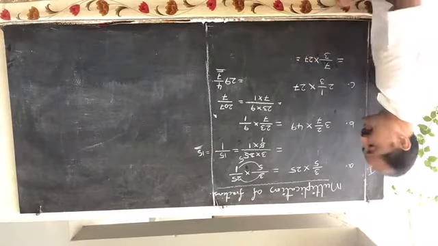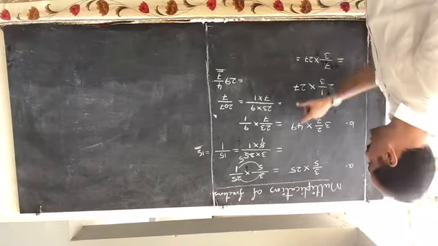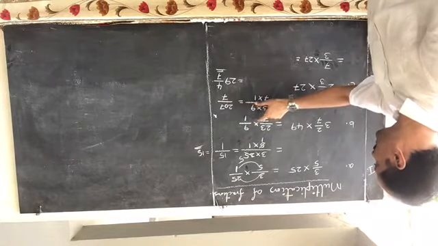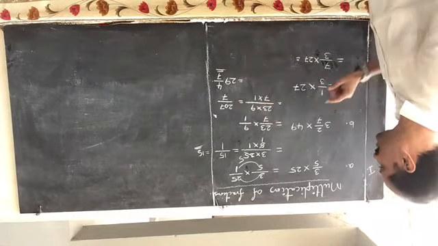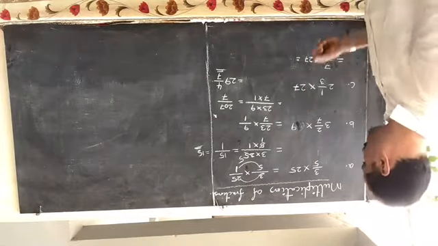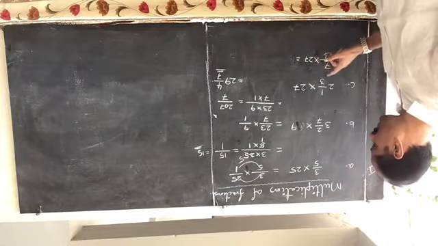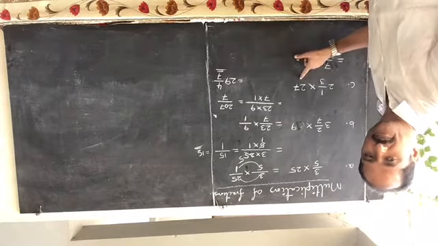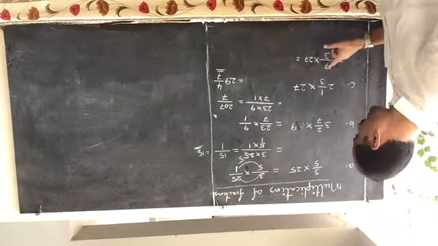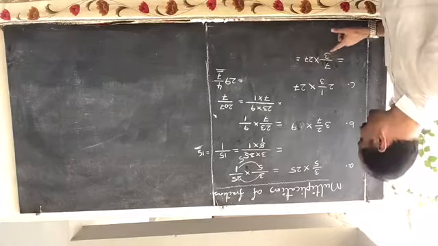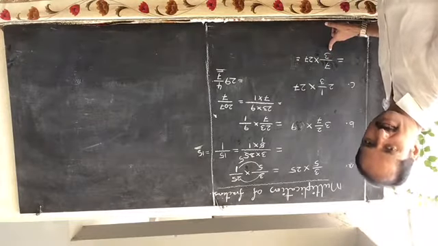Here observe. Till now here we are writing this. Now check here. Whenever you are multiplying a fraction with whole number, multiply the numerator of the fraction with whole number and write down the denominator as the denominator of the product.